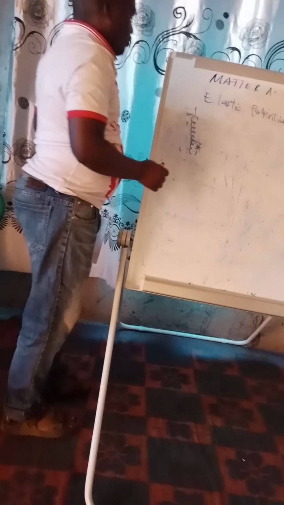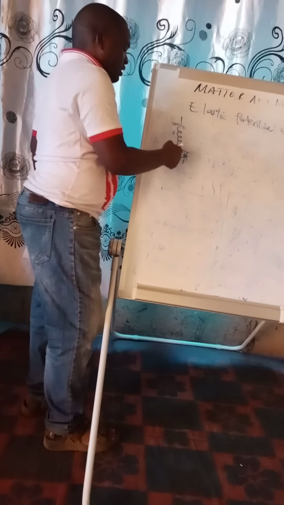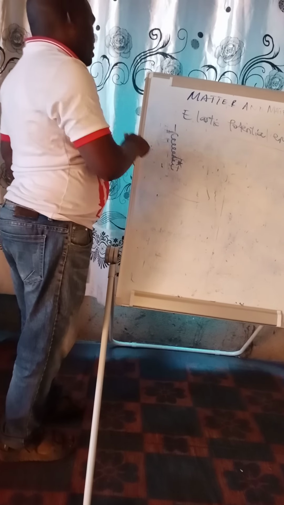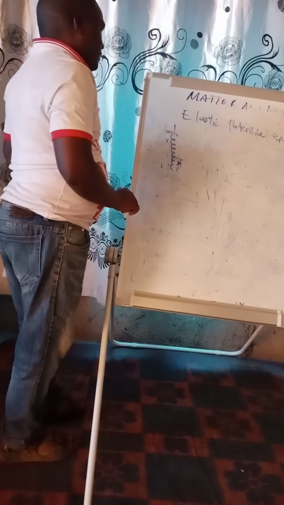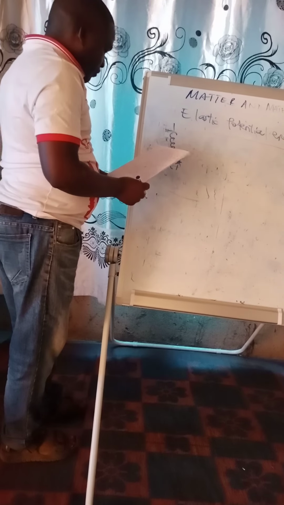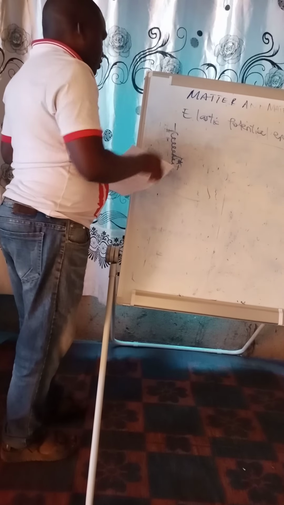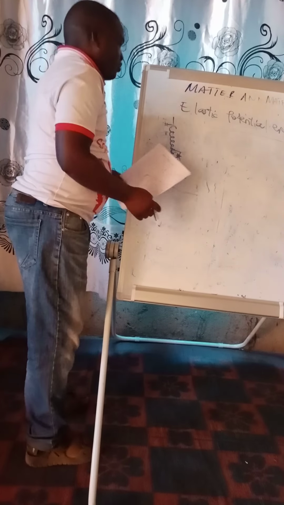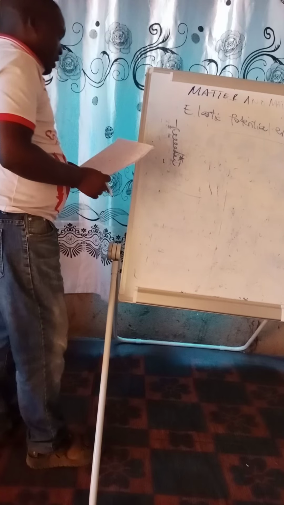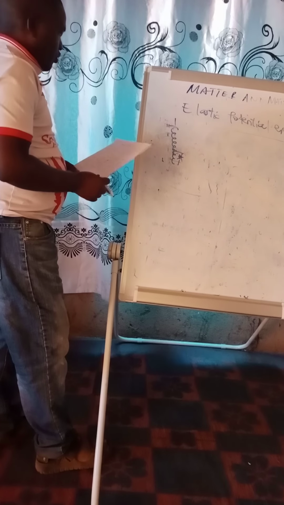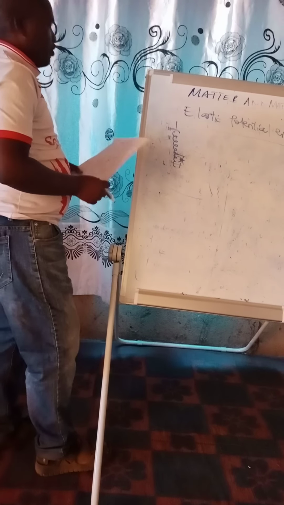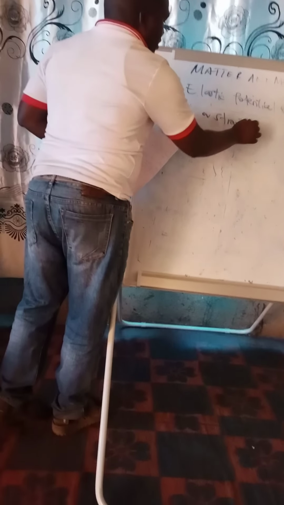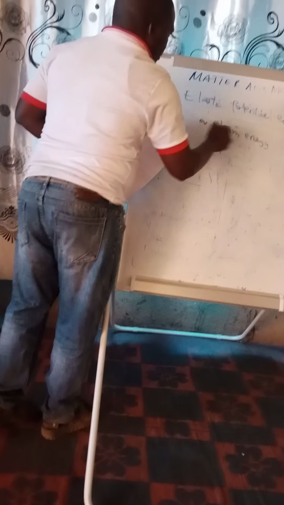Because there is a force and a distance, we are doing work, because work is equal to force times distance. When you apply a force, you transfer energy. That energy is called elastic potential energy, or strain energy.